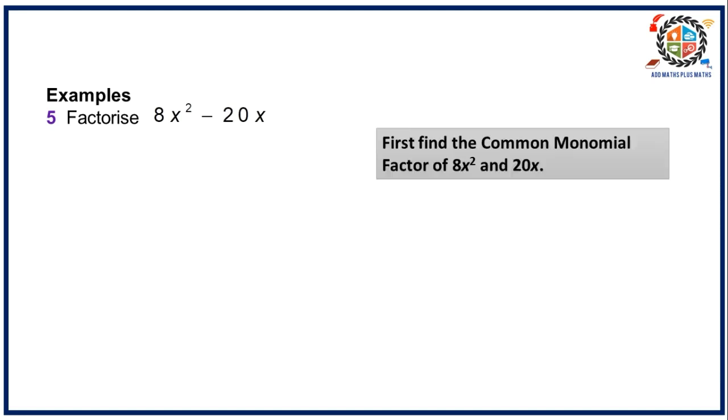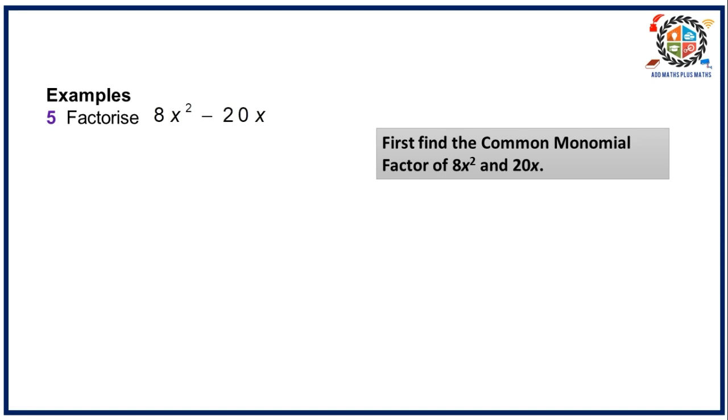So if I ask myself, what will be the common monomial factor? What is the number that I can divide to 8 and I can also divide to negative 20? Or what is the highest number that I can divide to both 8 and negative 20? I can divide 4. I can also divide 8x squared by x, and I can also divide negative 20x by x.